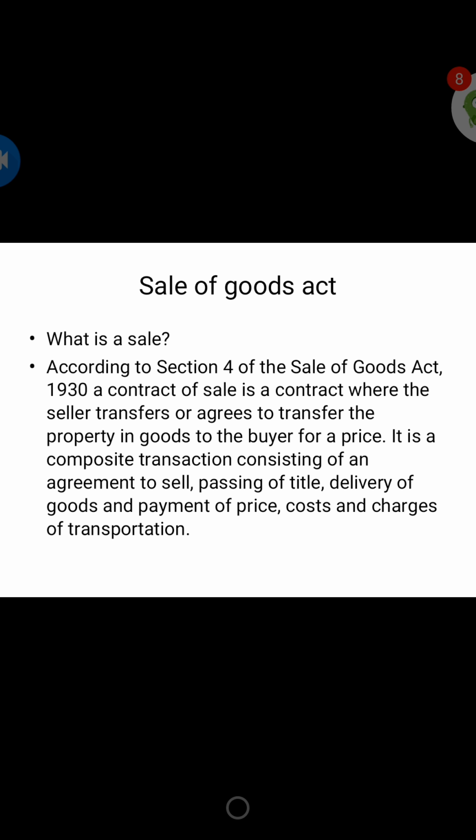The consideration is the price. So it is a composite transaction consisting of an agreement to sell, passing the title, delivering the goods, and paying the price, cost and charges of transportation, etc. This we call sale of goods.